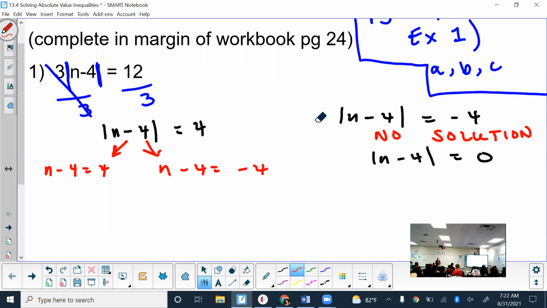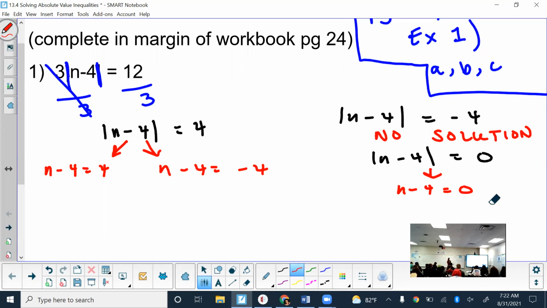All right, so when I get to this step where I have the bars isolated and it's equal to 0, normally from here we split it into 2 separate problems and make it equal to the positive and negative answer of this. But is 0 like negative? No, right? So what I end up doing, if this were the case, is just dropping the bars, and I only have one solution.